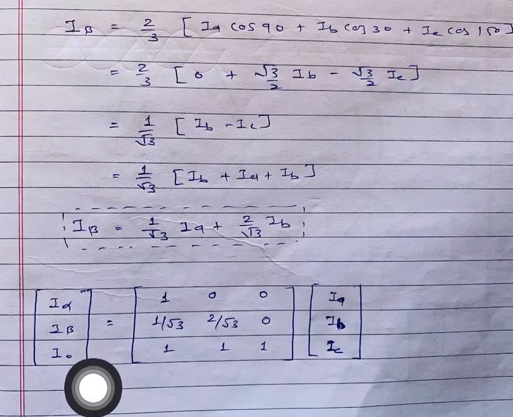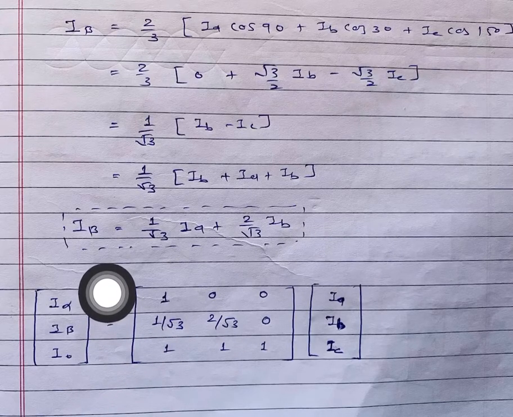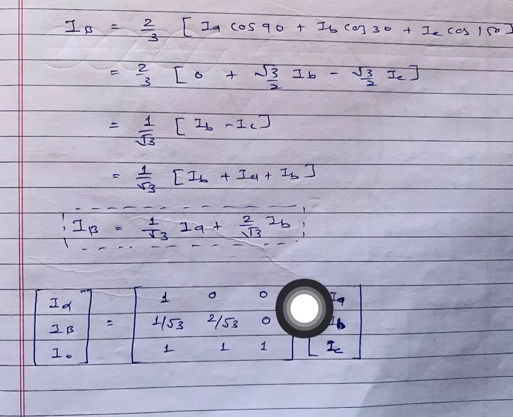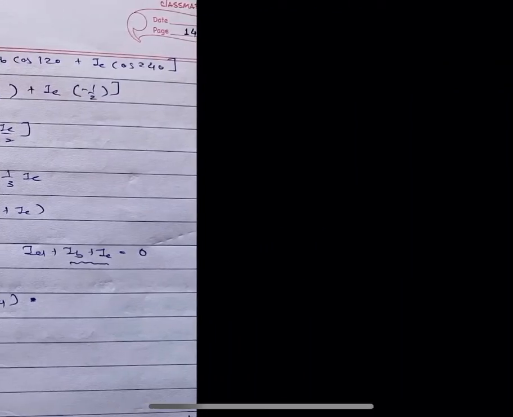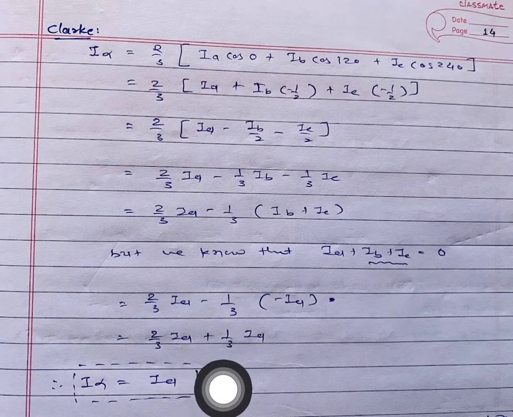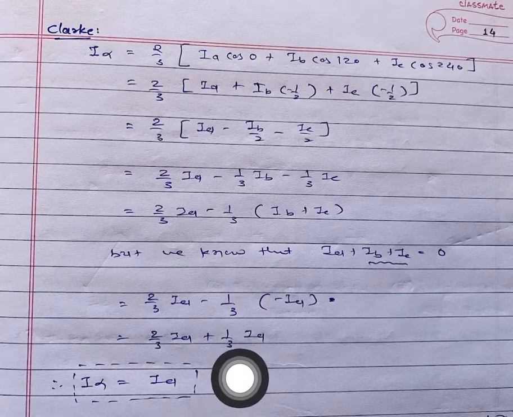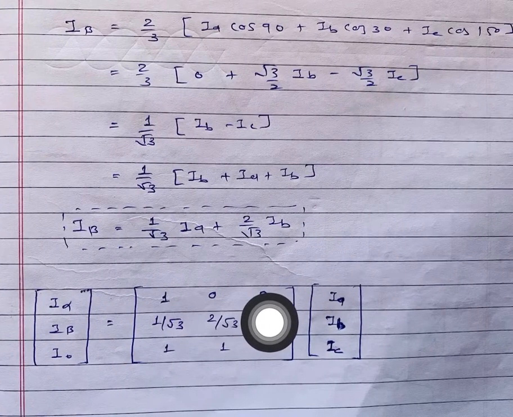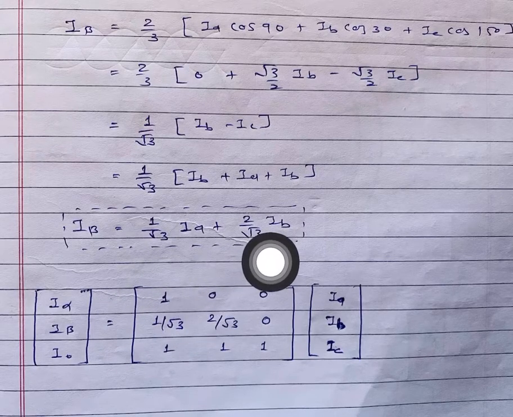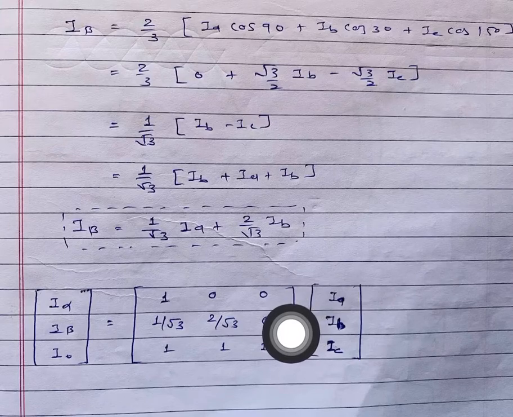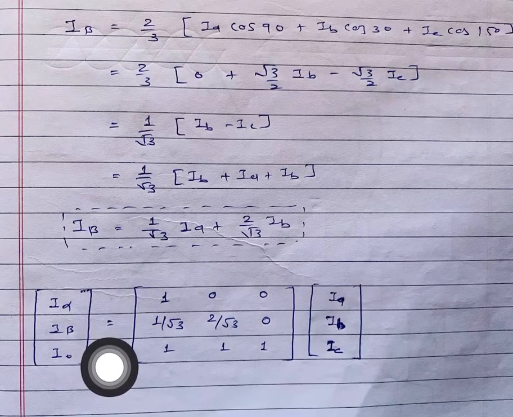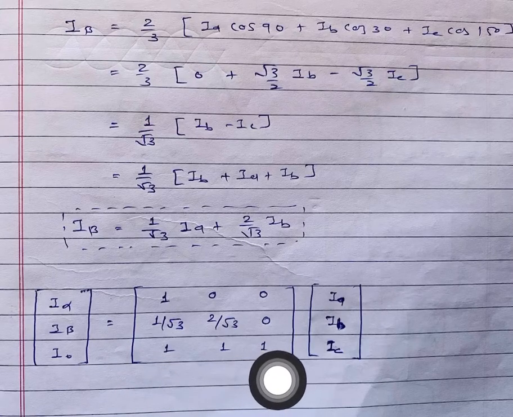So in matrix form we can write I alpha, I beta, I0 is equal to the matrix with first row 1 0 0, because I alpha has only the IA component, so there is no IB and IC component. For I beta, 1 by root 3, 2 by root 3, and there is no IC, so 0. And for the I0 component it is 1 1 1.